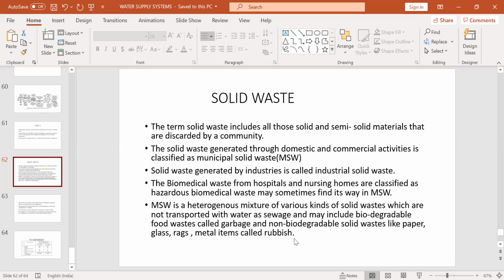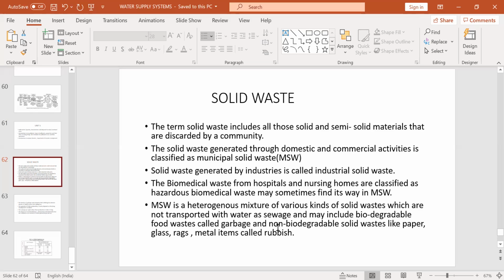So that is biodegradable. Anything which contains carbon, oxygen, hydrogen, and a huge amount of moisture, water, ultimately falls in the category of biodegradable. If the waste is biodegradable, then it is called garbage.